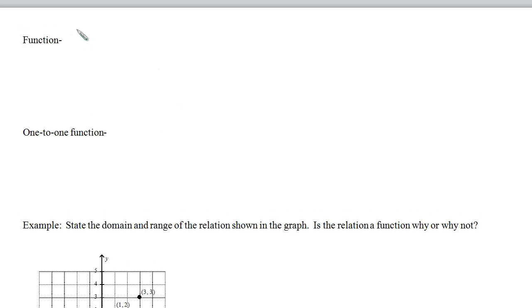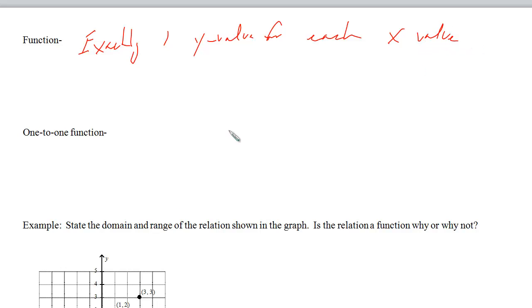A function is simply exactly one y value for each x value. So what that means is when I plug in a number for x, I only get one output, one y value.